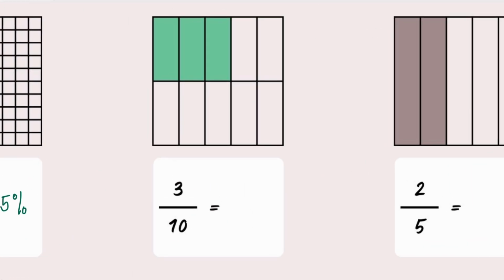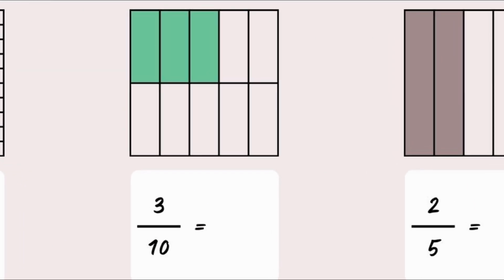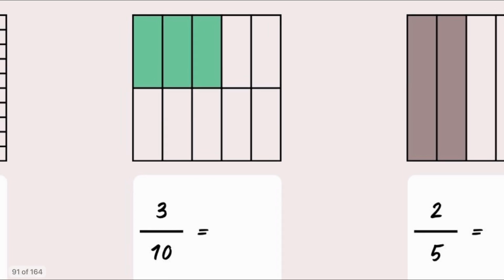The next fraction is 3/10. Since the denominator is not 100, we have to make the denominator into 100. So what number can we multiply by 10 that will give us 100? That's 10. So 10 times 10 is equal to 100.